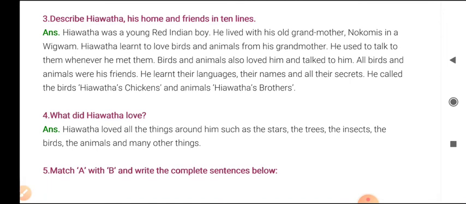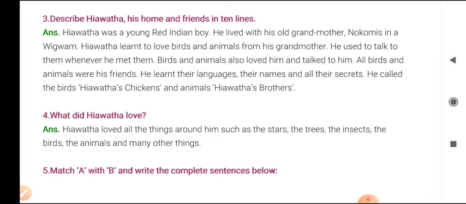Describe Hiawatha, his home and friends in 10 lines. You can say, Hiawatha was a young Red Indian boy. He lived with his old grandmother, Nokomis, in a wigwam. Hiawatha learned to love birds and animals from his grandmother.